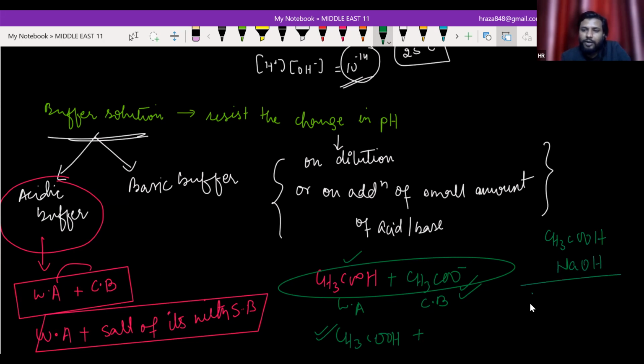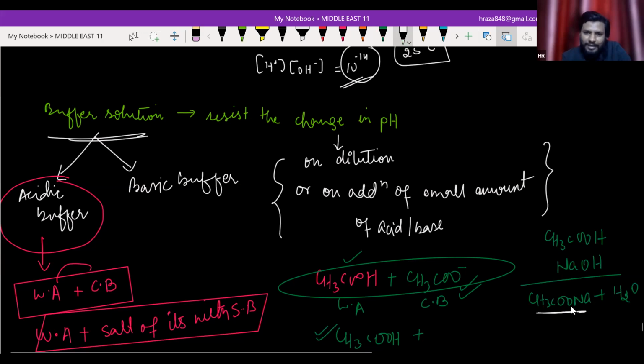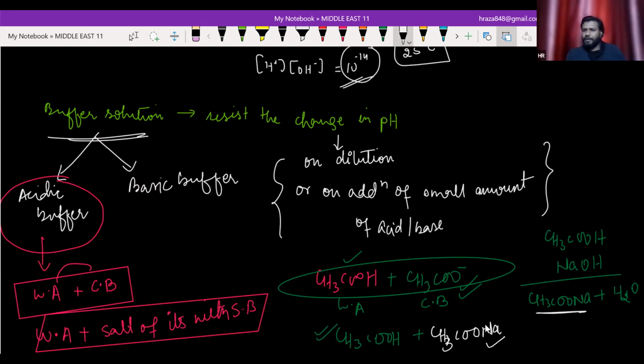So the product will be CH3COONa and H2O, a neutralization reaction. You can see this is the salt of a weak acid and a strong base. So the mixture of CH3COOH plus CH3COONa is acidic buffer. Everyone okay with this?